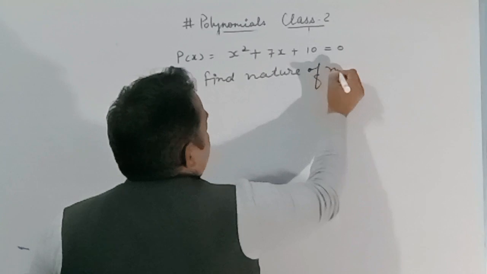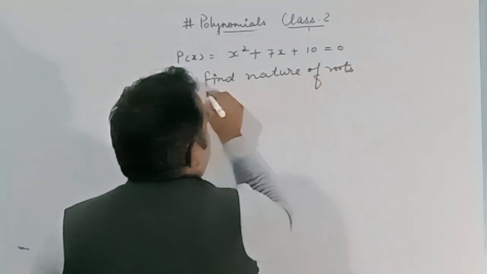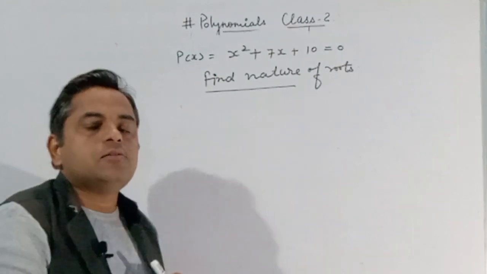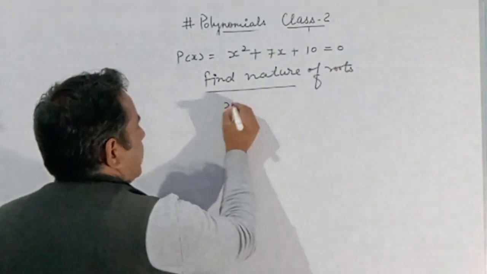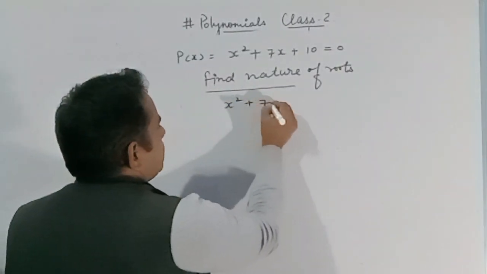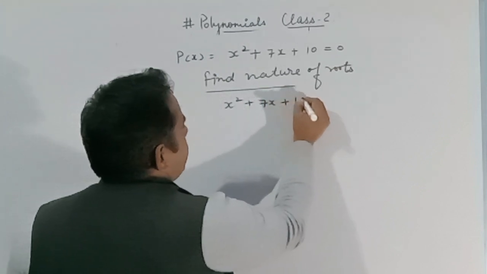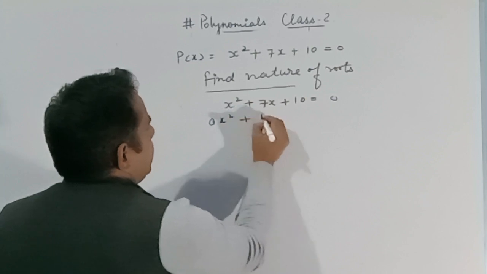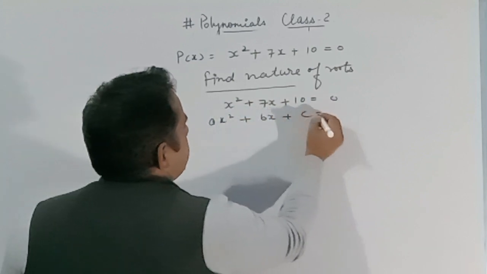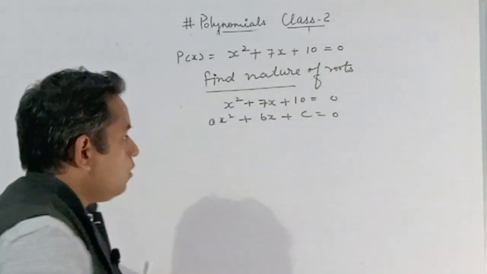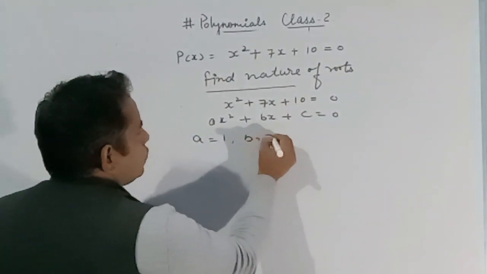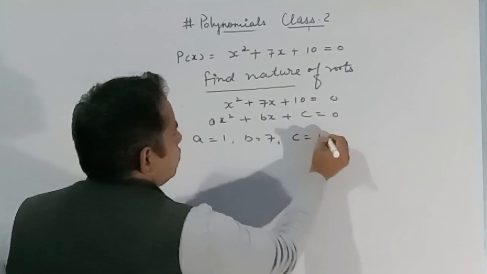Okay. Let's compare this equation with the standard equation, ax square plus bx plus c is equal to 0. What we will have? a is equal to 1, b is equal to 7 and c is equal to 10.